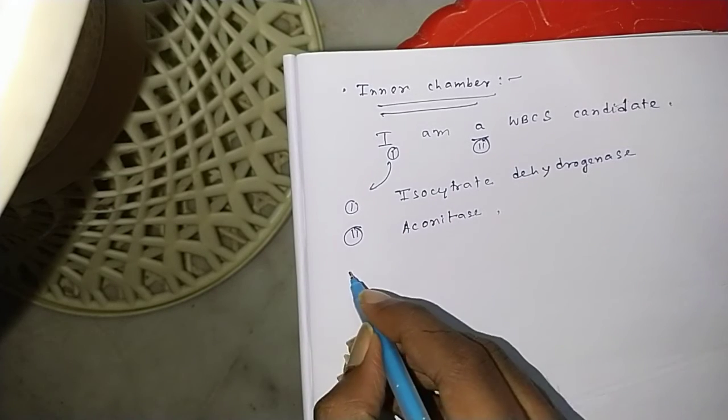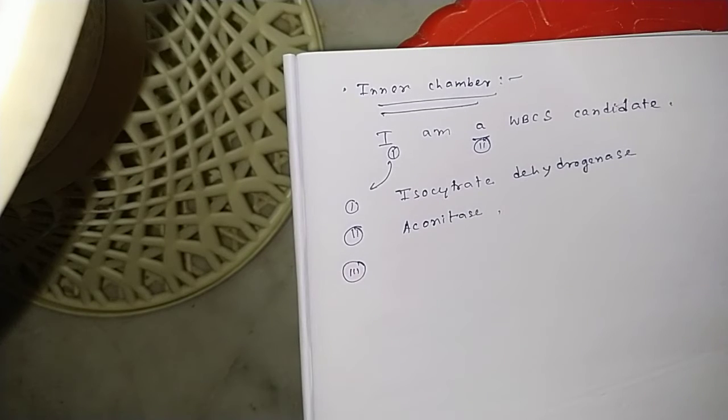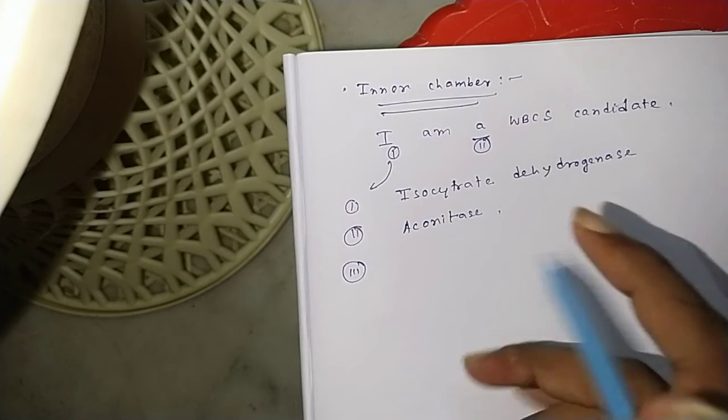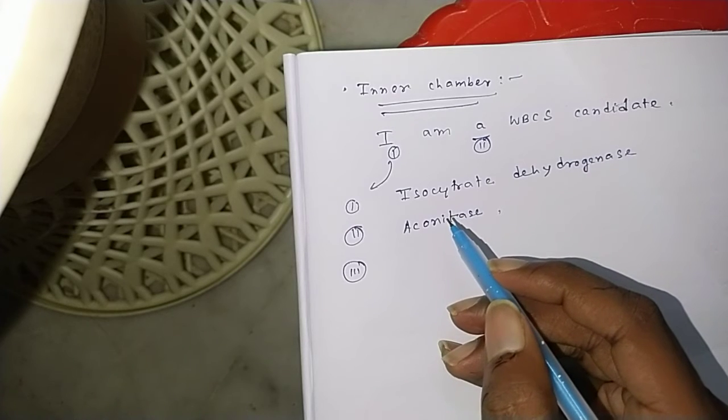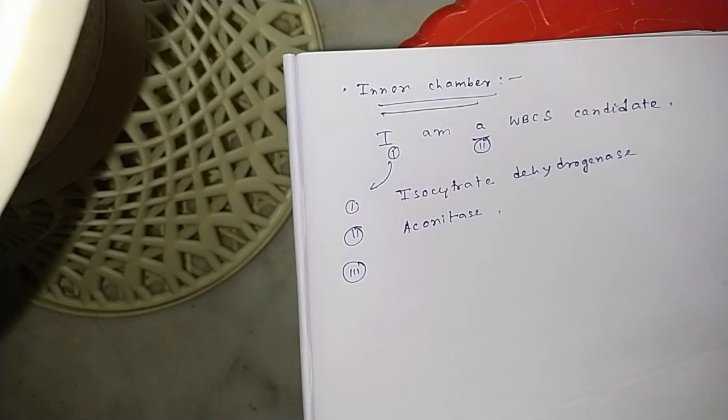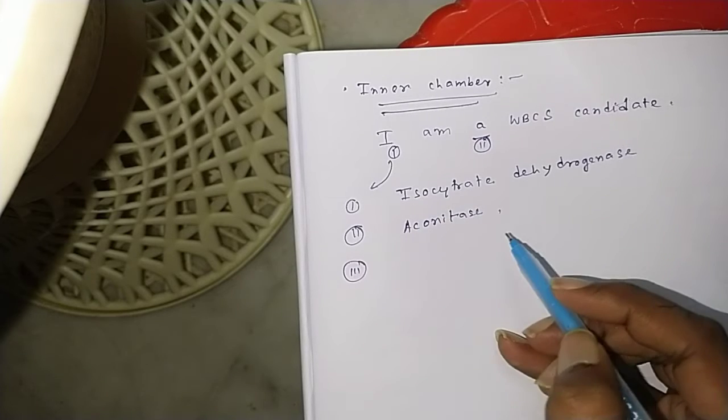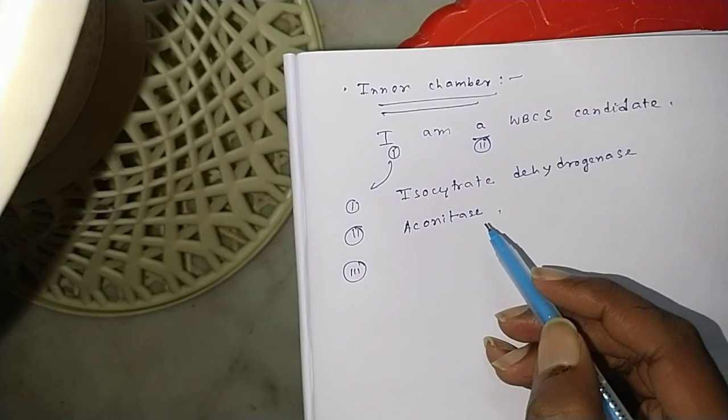Okay, we'll be talking about these enzymes when we'll study the Krebs cycle. I have made videos on Krebs cycle in my channel. If you want to check, you can easily search it in my channel and you will get to know the various enzymes and their functions in the Krebs cycle.